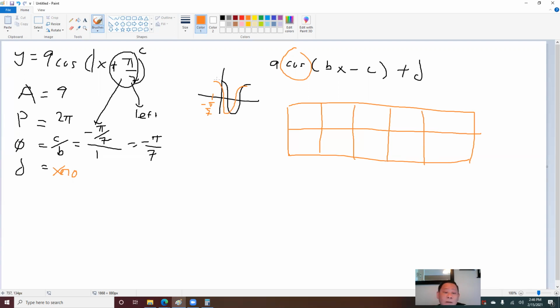So the first point, let's look at the black one. That's the original. What is the coordinate of this first point? X is 0, and your y is 1.